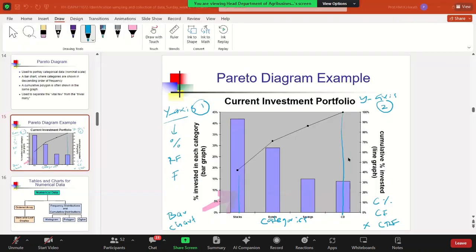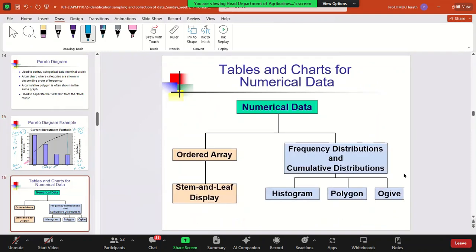Okay, this is what we were talking about, right? Okay, let's talk about what options we have to display numerical data, tables and charts for numerical data.